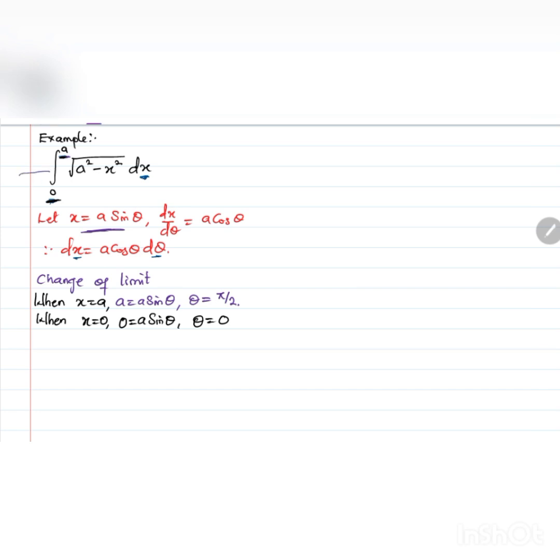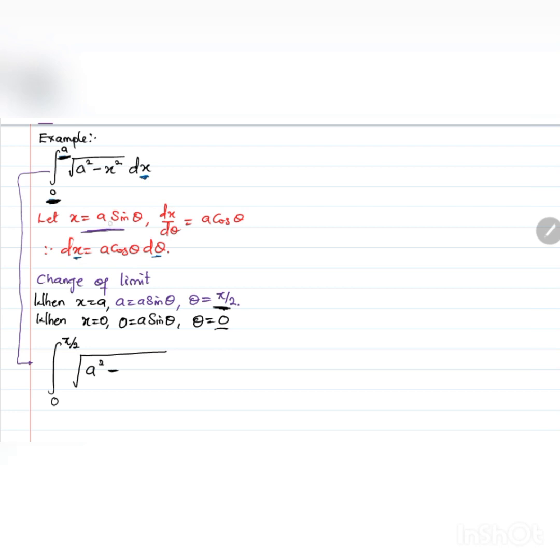Writing our question back, we have the initial question will now be the same thing as the integral of the lower boundary is 0, that's 0. When the upper boundary is a in terms of x, the upper boundary is pi over 2 in terms of theta, that's pi over 2, the square root of a square minus x square.